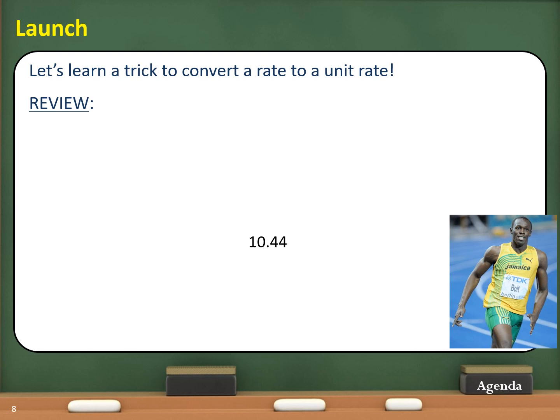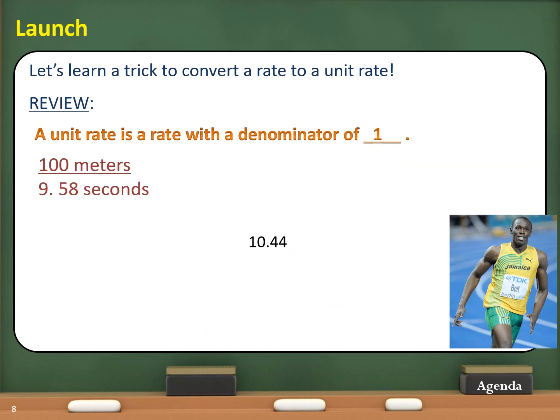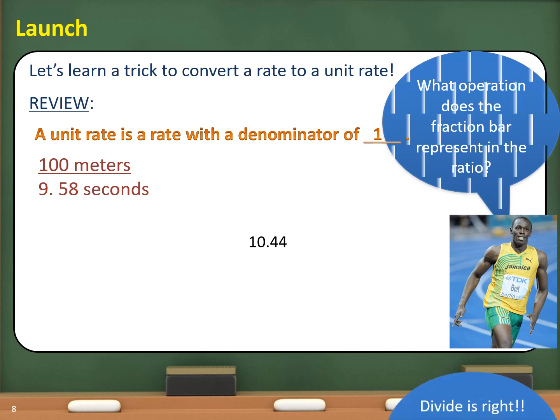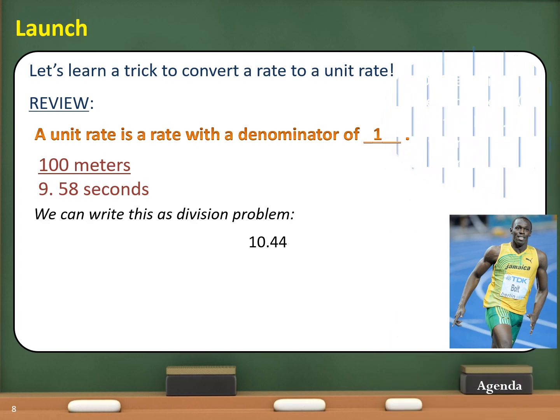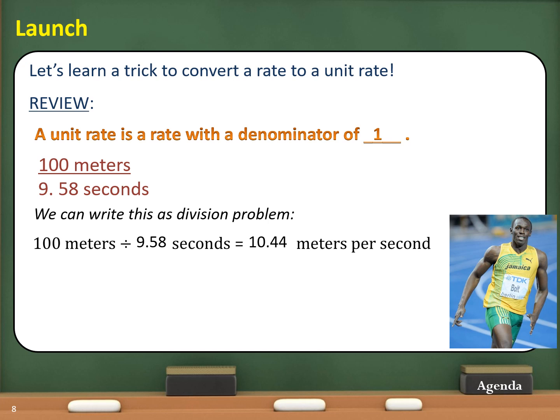Then we got 10.44. That is the answer: the unit rate with a denominator of 1. 100 meters divided by 9.58 seconds gives 10.44 meters per second. Understand why we have calculated this?